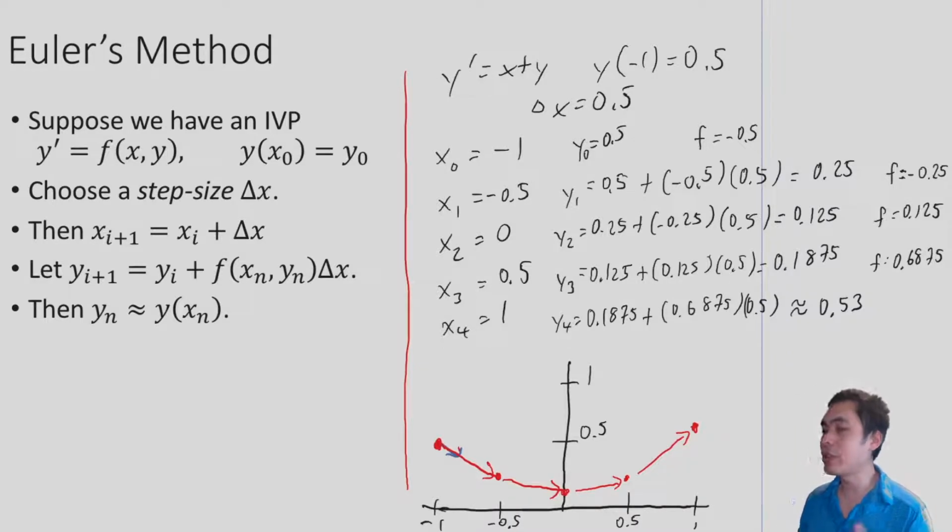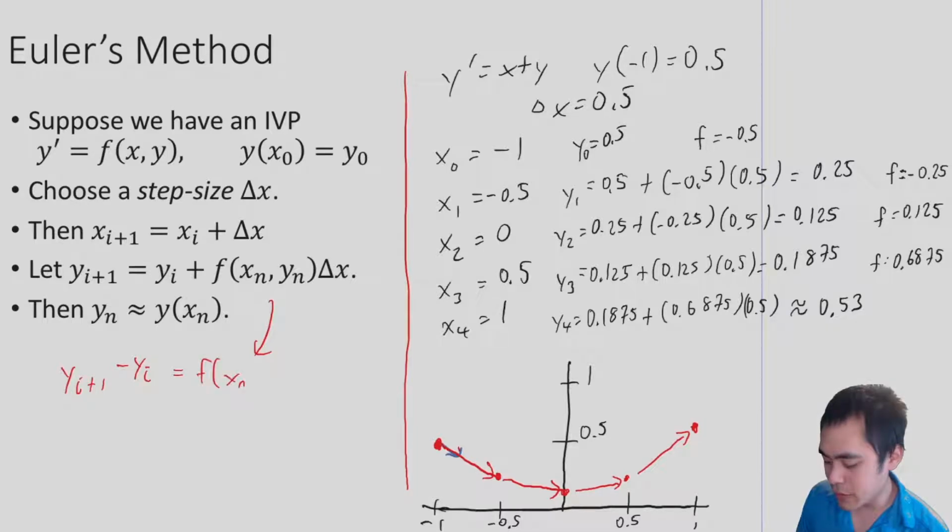And the intuition for why this works comes from the idea that if you rewrite this equation, this is y_{i+1} minus y_i is equal to f of x_n, y_n times delta x. So you'll notice that if we call this delta y_i, it's equal to f of x_n, y_n times delta x.